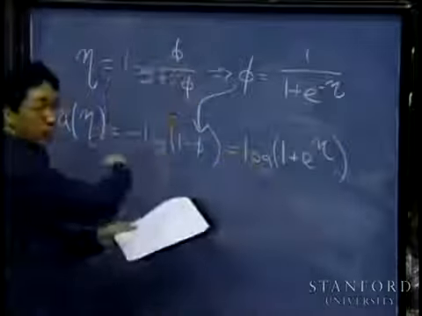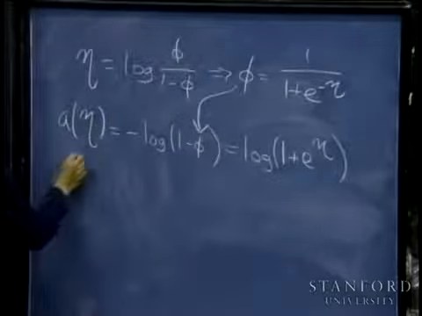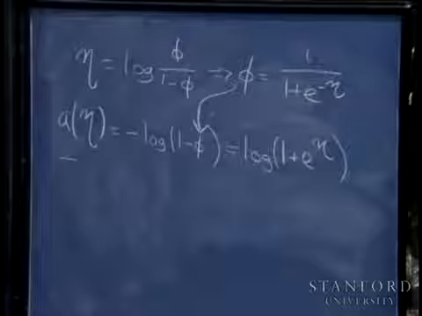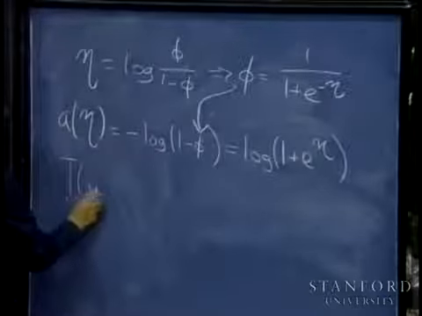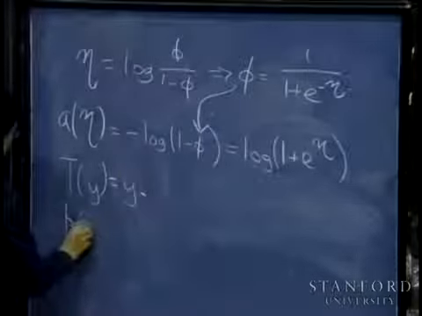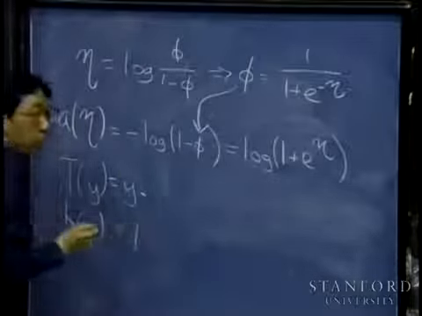Again, this is just algebra, not terribly interesting. And just to complete the rest of this, t of y is equal to y, and b of y is equal to 1.